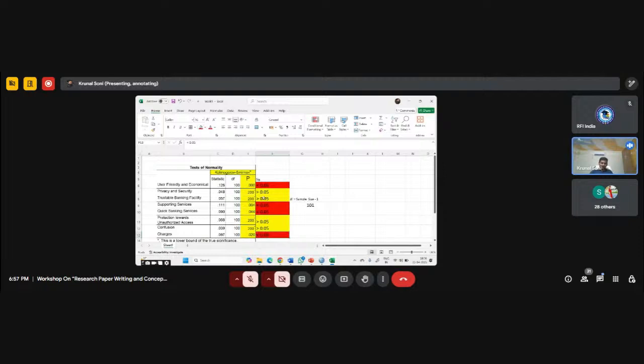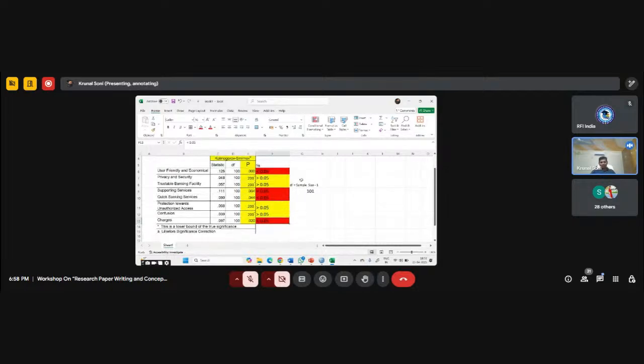So the red one says you need to go for non-parametric, and the yellow one says you have to go for parametrics. If there is a fight between application of parametrics and non-parametrics, who is going to win the battle? Parametric or non-parametric? Who can digest whom? Can parametric digest non-parametric, or can non-parametric digest parametric? So here the conclusion is you need to go for a non-parametric test.